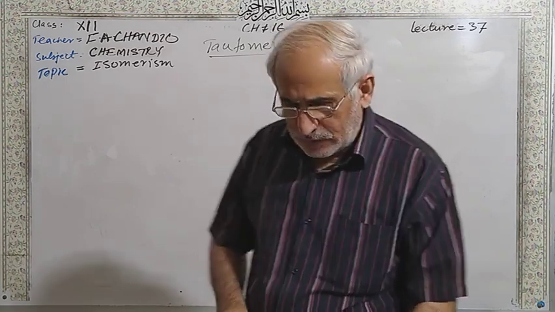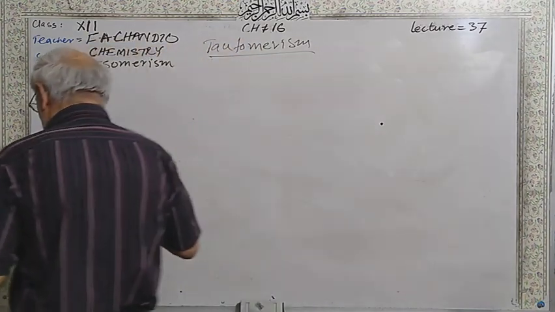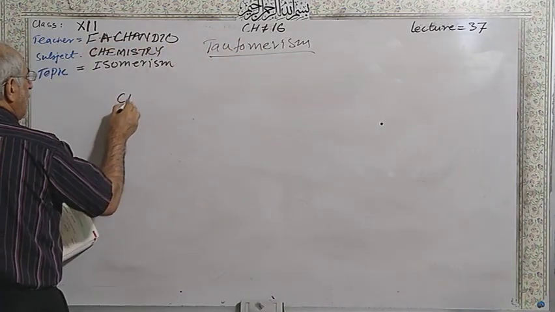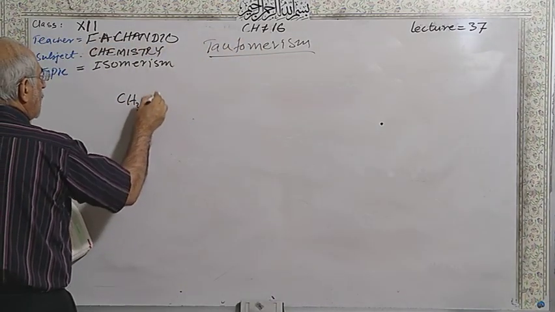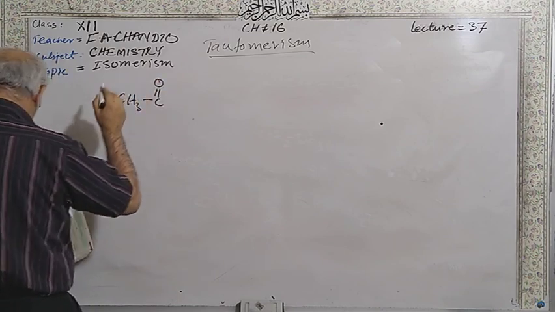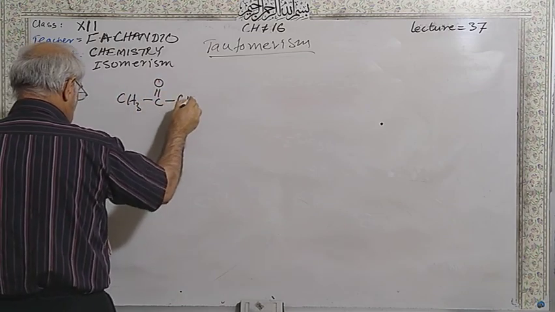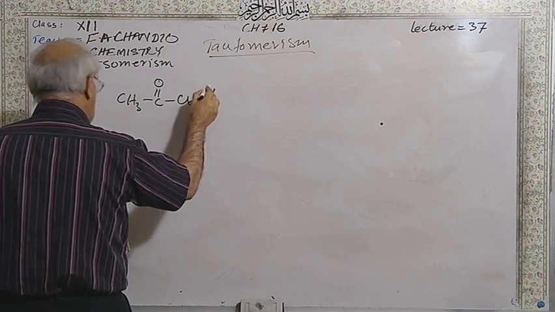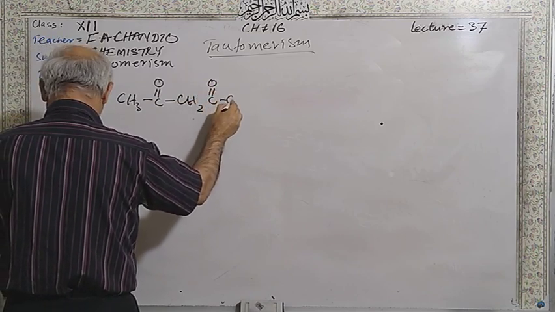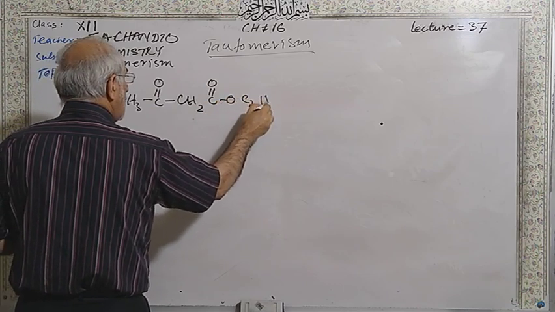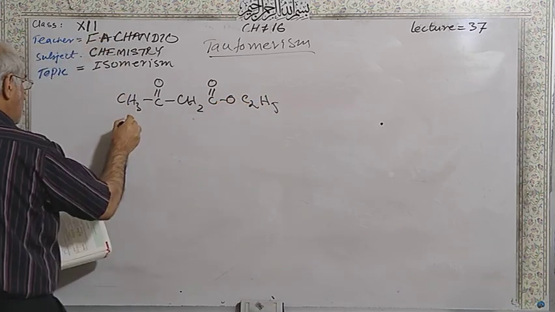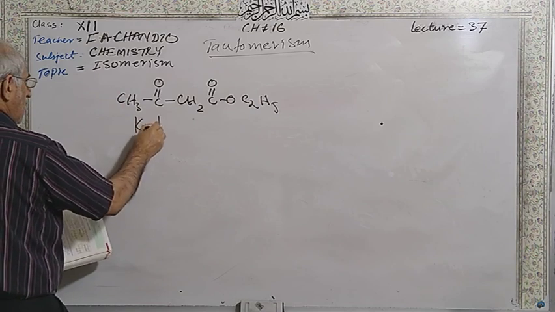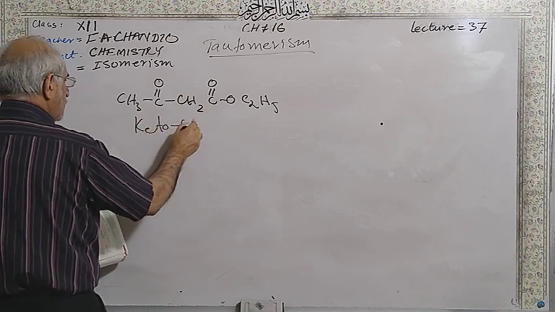I am going to write the first example. So this is the CH3, ketone functional group. There is a CH2, and this one is called the keto form.